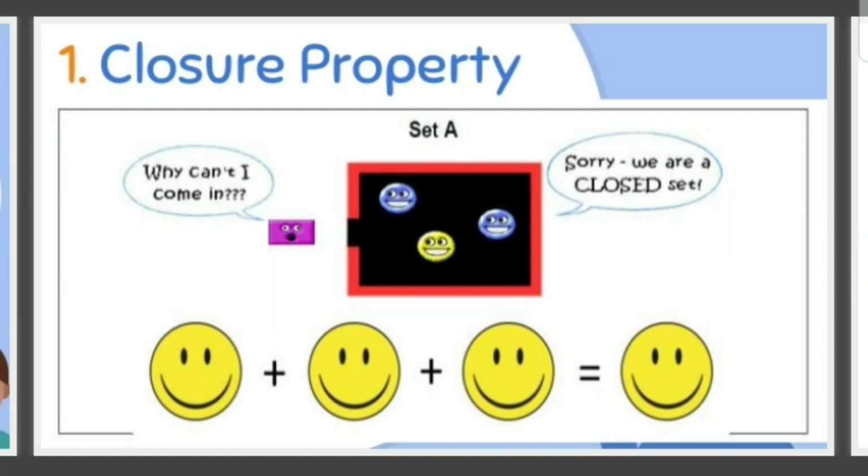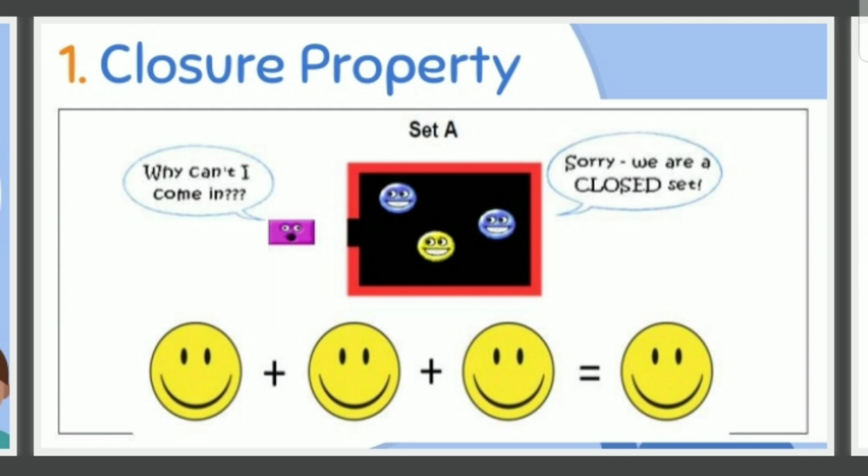See the first property. What is closure property? Suppose there is a group of people called a set. Why can't I come in? They said 3 members are already inside, and sorry, we are a closed set. They are not allowing any person. So what do you understand?